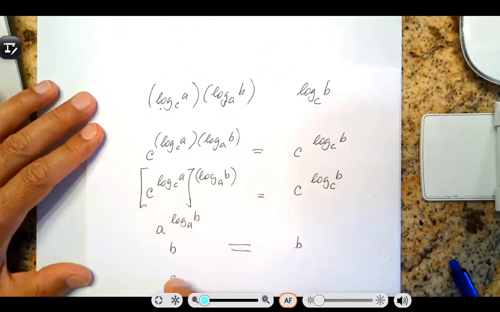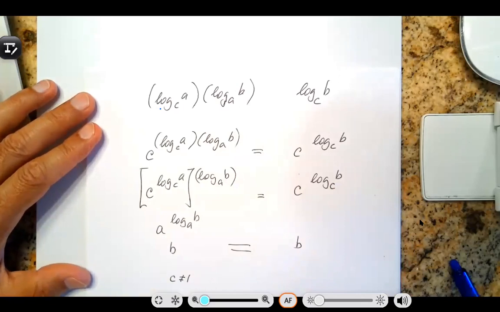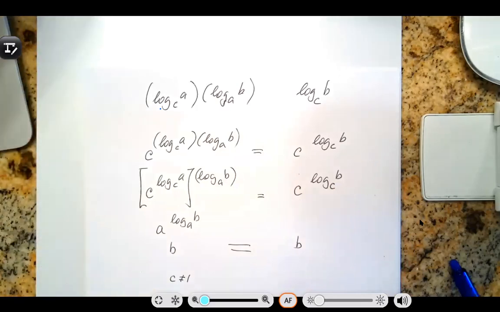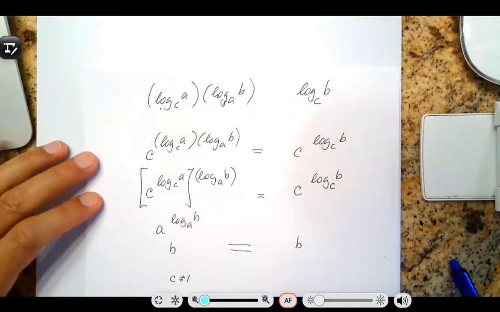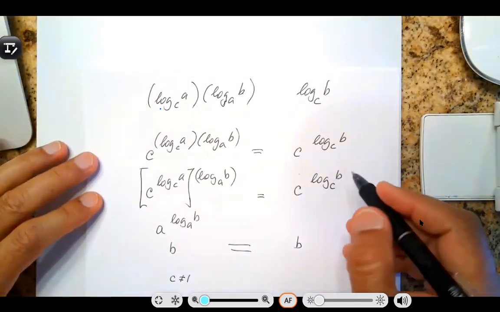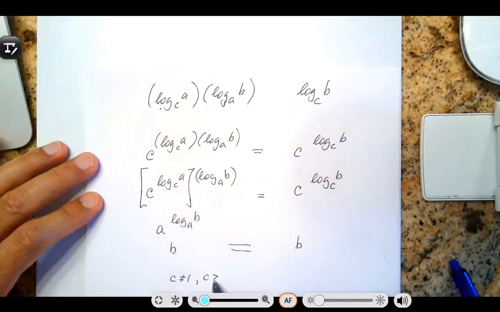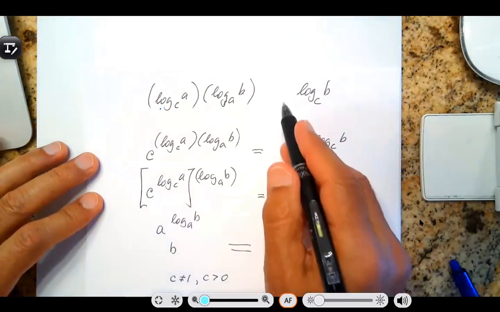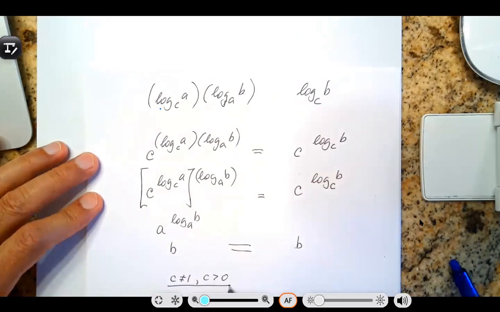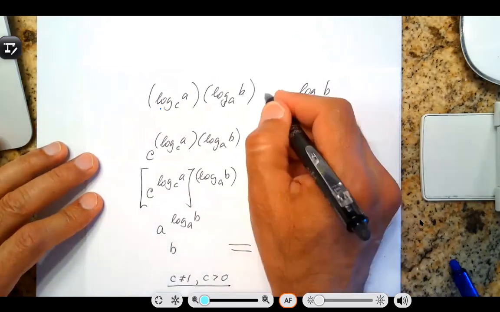Because C does not equal 1. In the change of base formula, the requirement is C does not equal 1, C positive. Okay? So this is crucial. From here, we get this one because C does not equal 1 and is positive. So we just proved that.